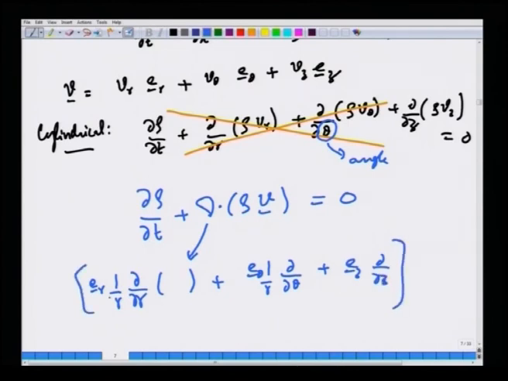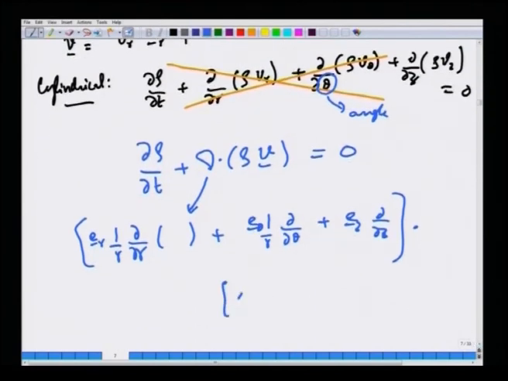This is a gradient operator dotted with rho v_r e_r plus rho v_theta e_theta plus rho v_z e_z.